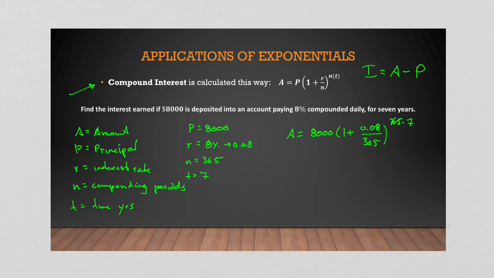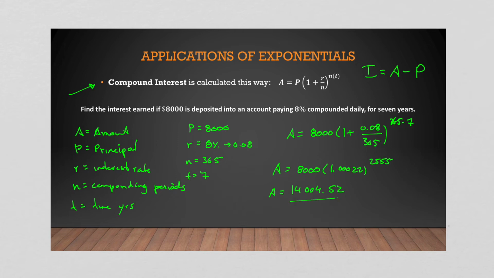So here's where you get really good at using your calculator, and you end up at 8,000 times 1.00022. I would carry that number in my calculator rather than rewrite it at every step, but I'm just demonstrating to you what happens. Remember, now you do the power first, then you multiply by 8,000, you end up with $14,004.52, give or take a few cents, maybe a couple dollars, depending on if you round it or not. Try to not round, do the whole thing in your calculator.